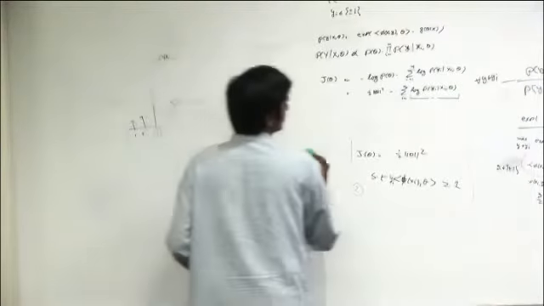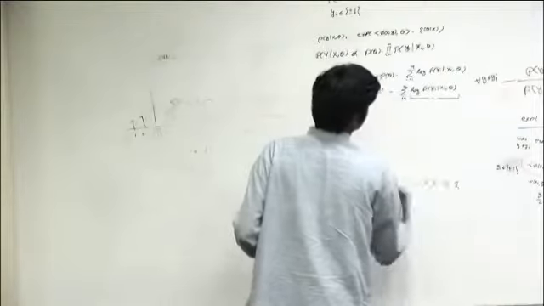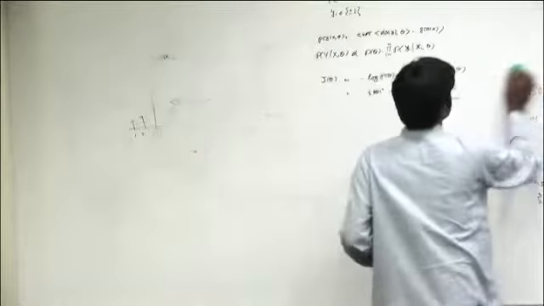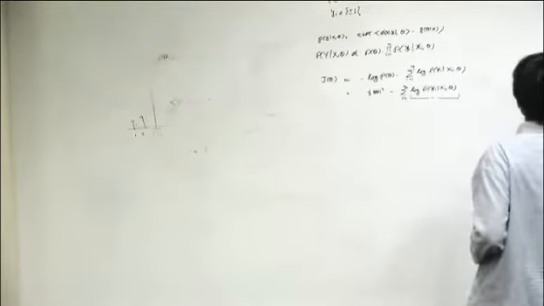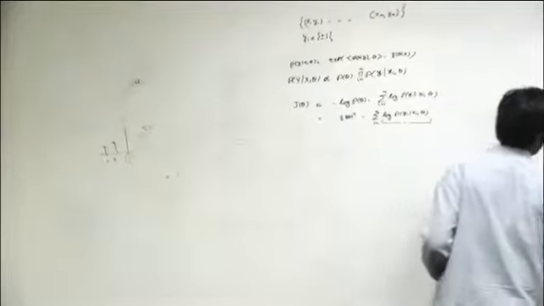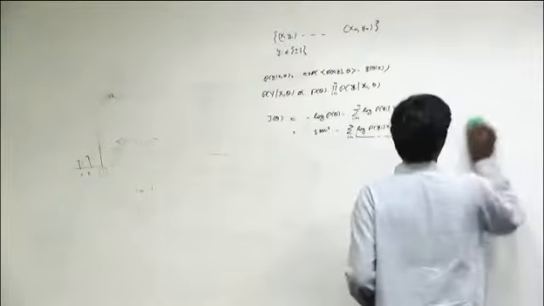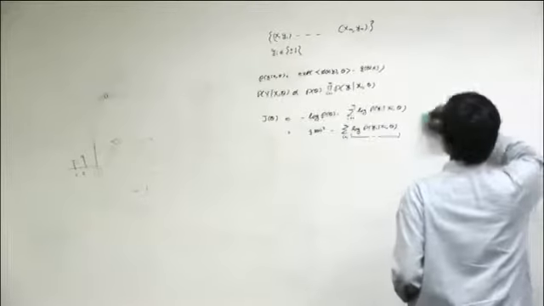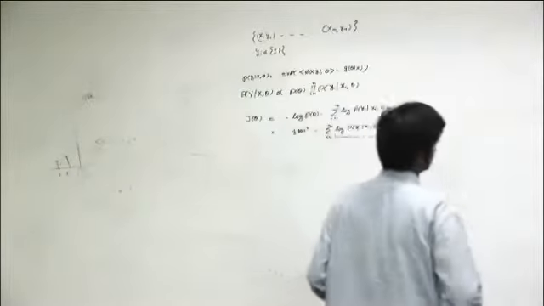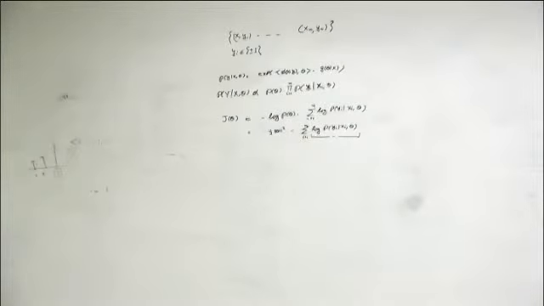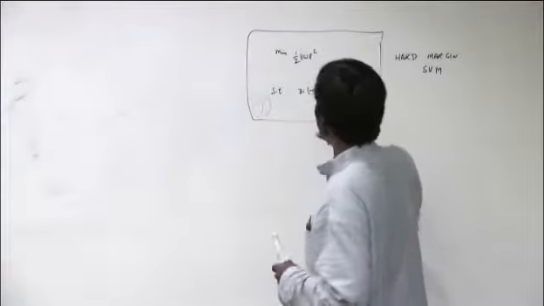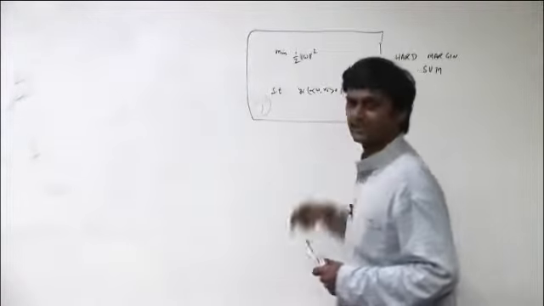If you relax the assumption that the points are linearly separable, then you no longer require that y_i (w dot x_i plus b) is at least 1.